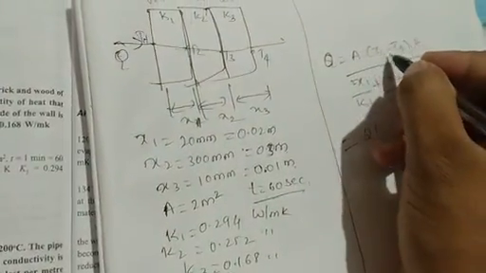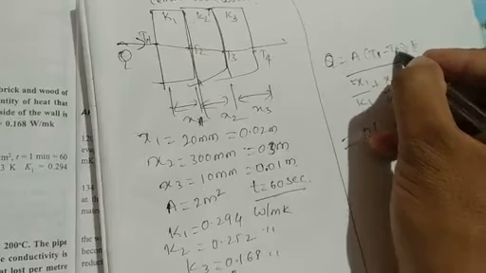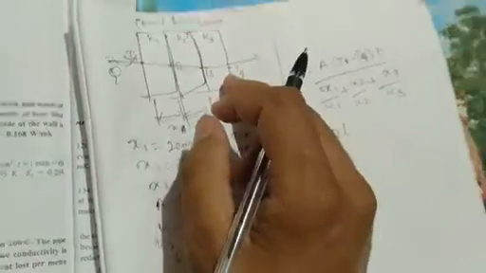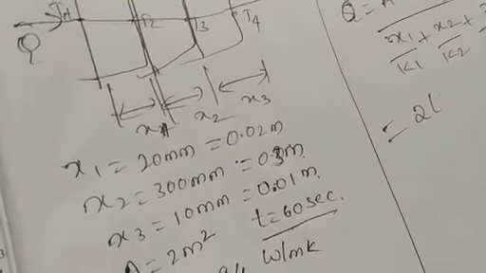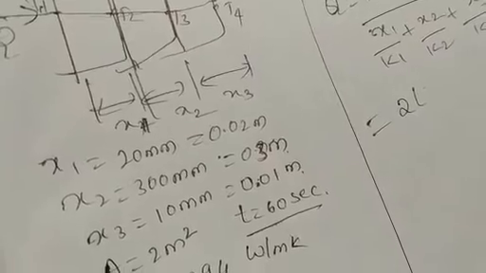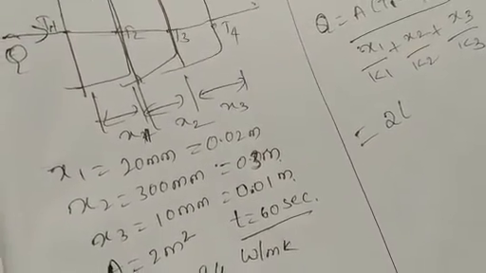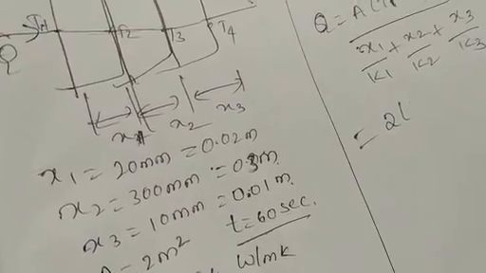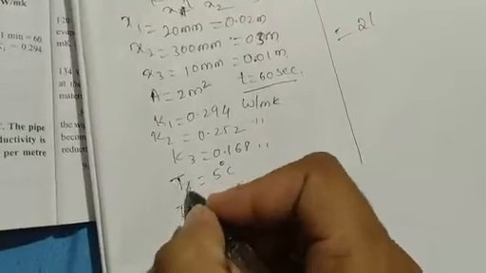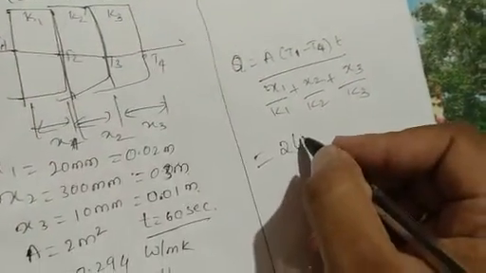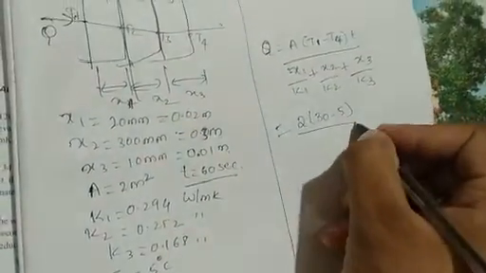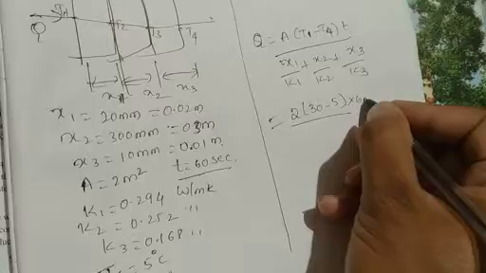Sorry, here they have given that the outside temperature is 5, and the other is 30 degrees. So 30 minus 5, and t for 1 minute is 60 seconds.